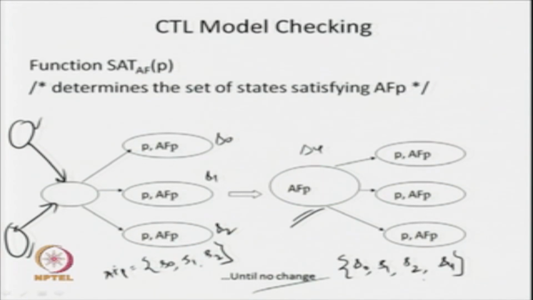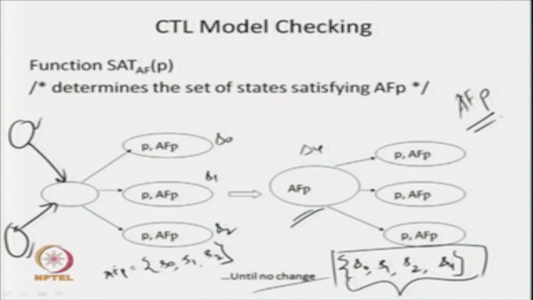Like that we proceed, and when we cannot include any more states, we stop and return this set of states, saying that these are the states where the formula AFP is true. This is the basic concept.